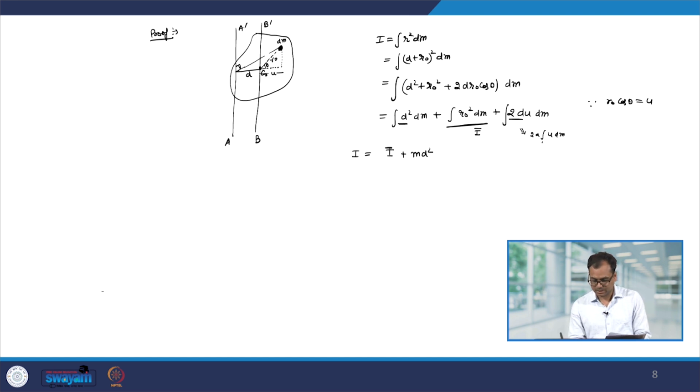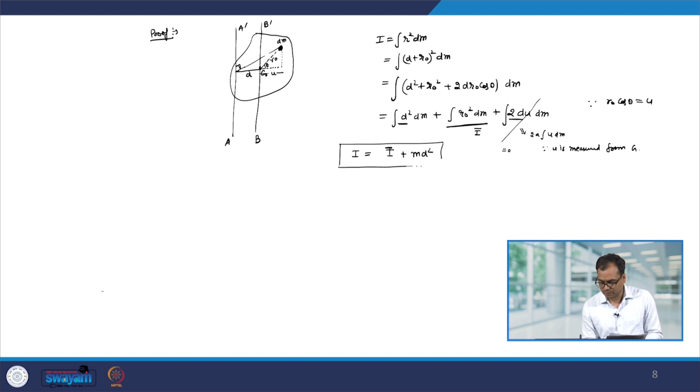The reason is u is measured from the axis which is passing through the center of mass, passing through G, okay, and it is the first moment. So, therefore, it has to be 0, okay. So, we got I equal to I bar plus m d square.